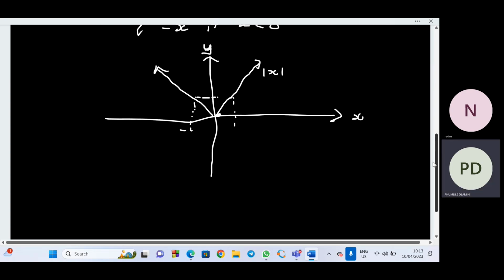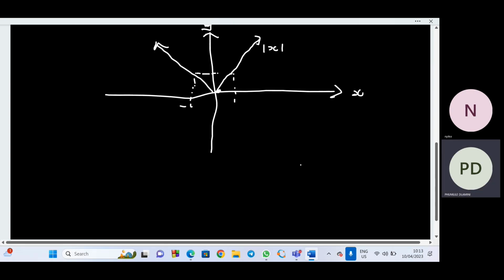So when we say it has a side of negative 1, it means we can find the limit for this side. We can also find the limit for another side, the right-hand side.